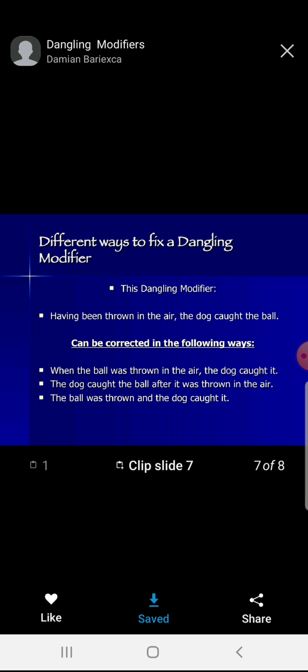Ya, jadi selama kalimatnya tidak menghapus atau membuang pesan inti dari kalimat yang masih ada dangling modifiernya, kalian bisa betulkan ya.